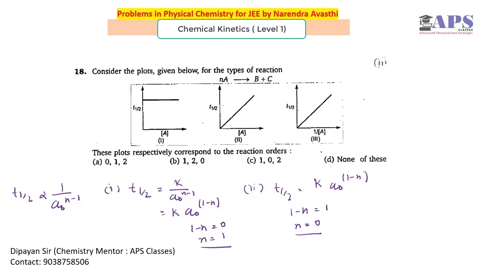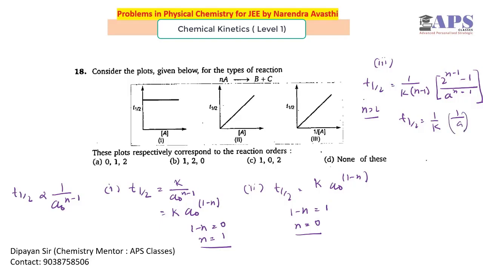For the third graph, T half equals 1 by k into 2 to the power n minus 1 minus 1 divided by (n minus 1) A to the power n minus 1. If n value is 2, T half will become 1 by k into 1 by a.